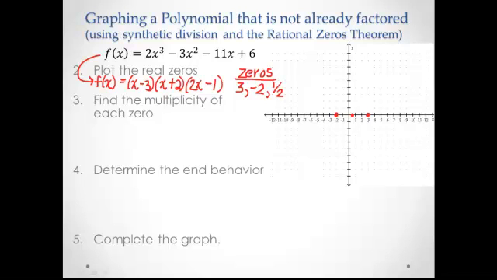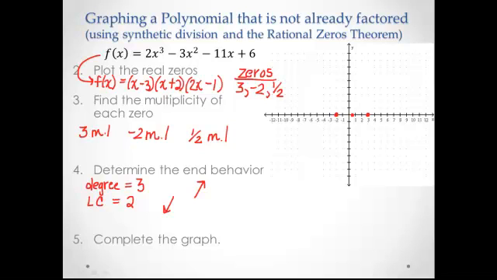If we look at multiplicity, 3 has a multiplicity of 1, -2 has a multiplicity of 1, and 1/2 has a multiplicity of 1. They're all odd, so our graph crosses at each of those zeros. Then we determine end behavior. In this case, the degree is 3 and the leading coefficient is 2, so it goes down on the left and up on the right.